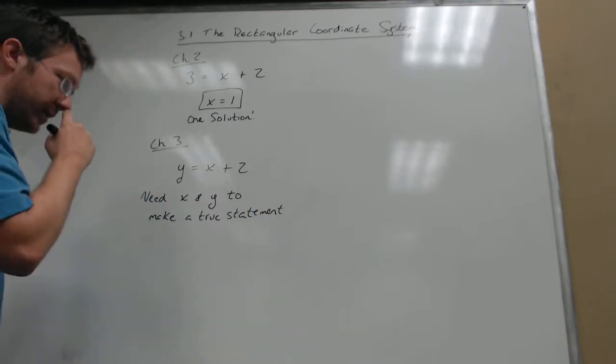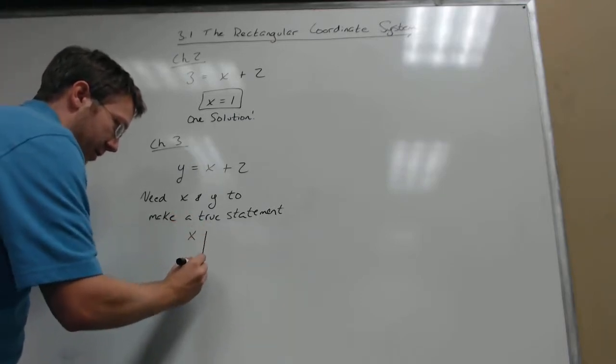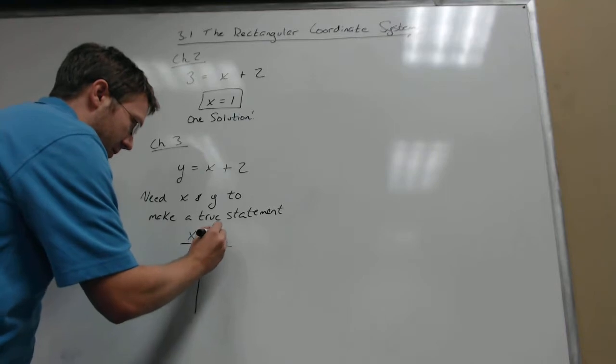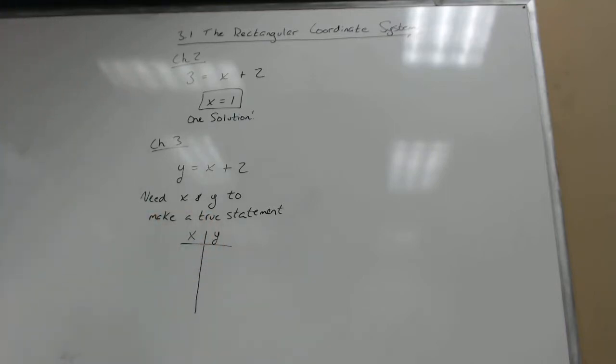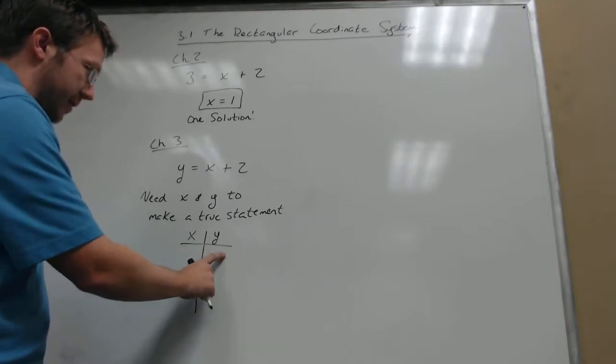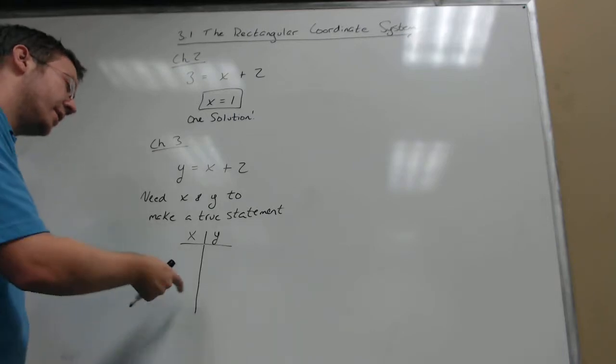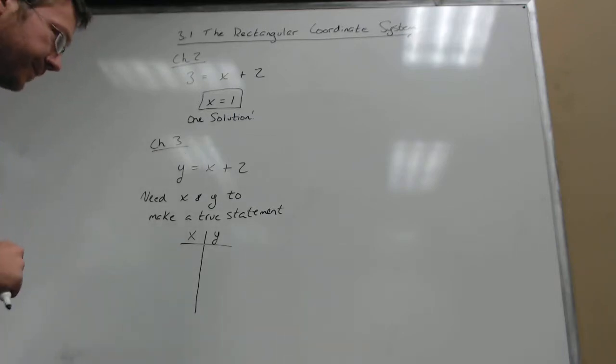So one way to keep track of our x's and y's, we do it in a little chart. So each solution to this equation we can fit in this chart with an x value and a y value. So I'll just make up a few quick solutions to this, and if you want to try on your own, try to add some other solutions to this.